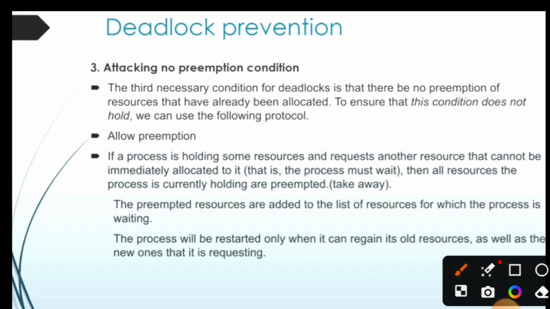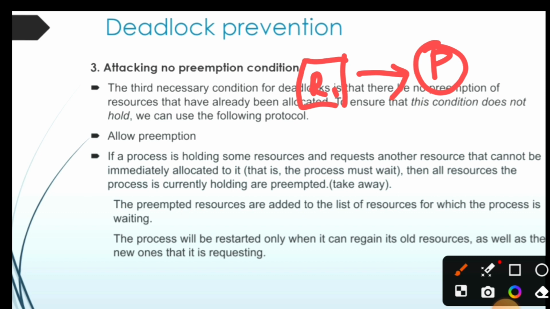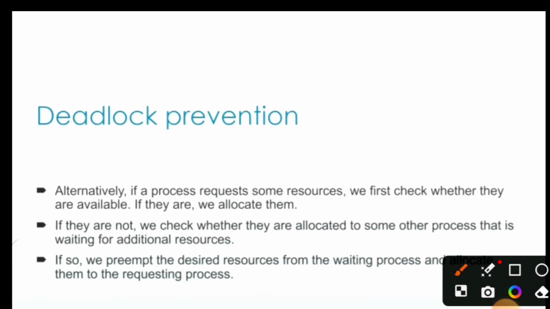Here we see that preemption is happening. What will happen? The process will not keep waiting for a new resource while holding previous resources, but it releases everything. Some other process can make use of those resources. So that is what we mean by this protocol.